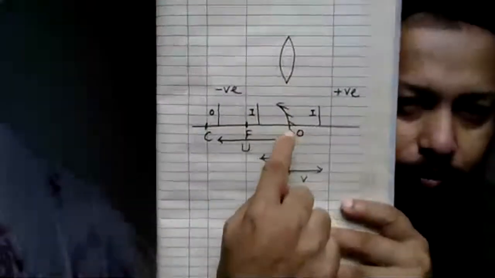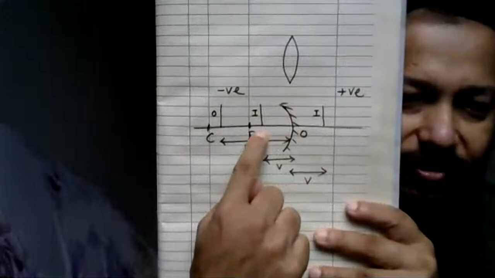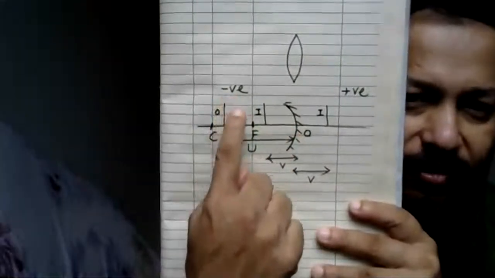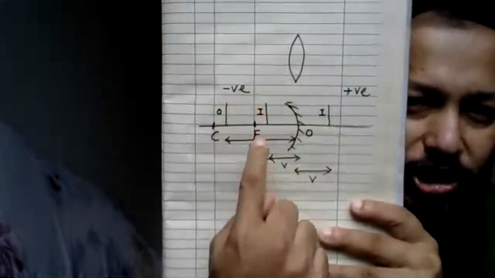So can we say that when my image distance is negative, then it should be a real image? Many of you sent me the correct answer.